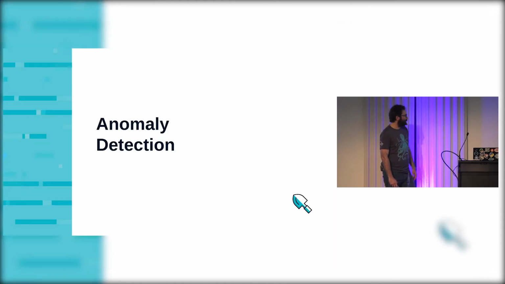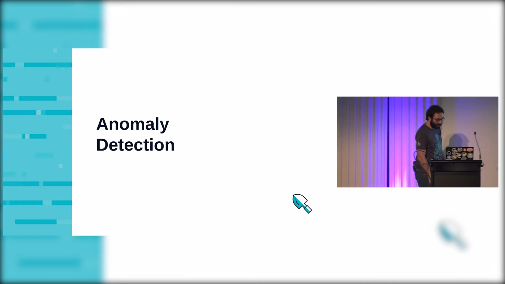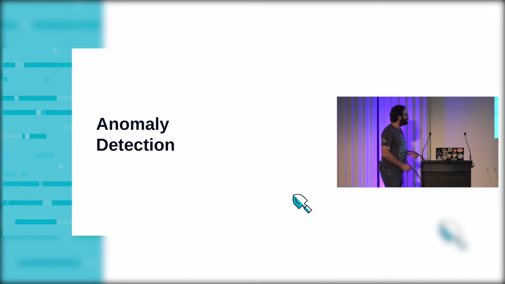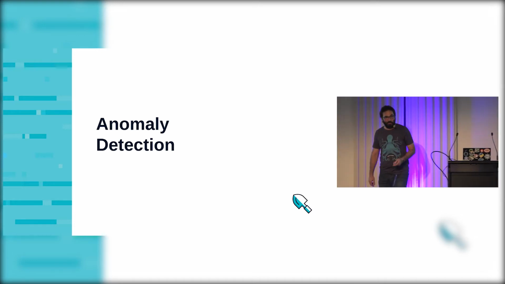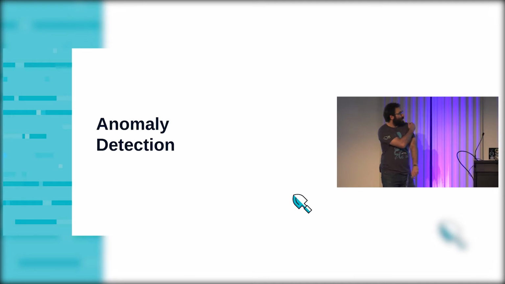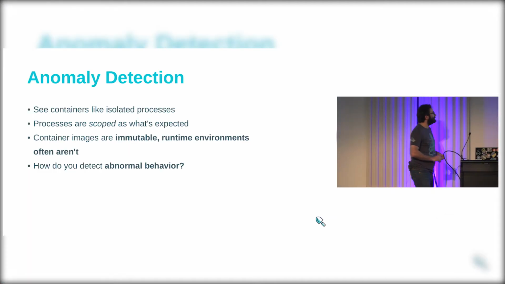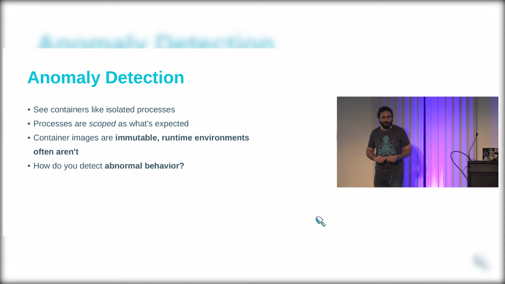Finally, we also have anomaly detection, which is the other layer in the security stack. We talked about image scanning at build time, and also in runtime, in our application runtime, we can have this kind of problem.